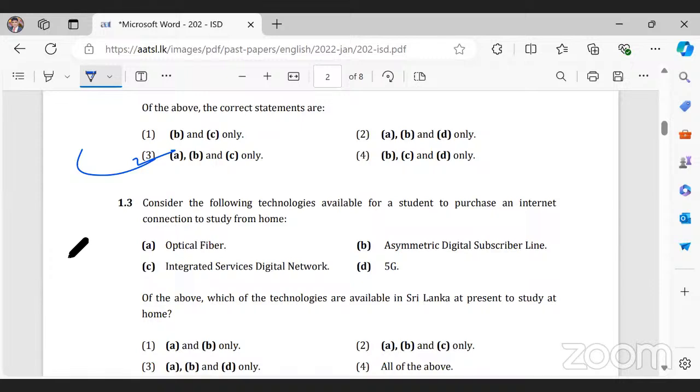Of the above, which of the following technologies are available in Sri Lanka at present? A, B, and C. 5G is not available.